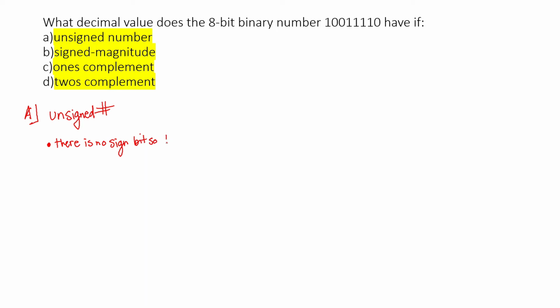So the leftmost bit has a value. All right. So what do I mean by that? 1, 0, 0, 1, 1, 1, 1, 0. So this leftmost bit, when we do sign magnitude, 1's complement and 2's complement, this pretty much corresponds to negative.